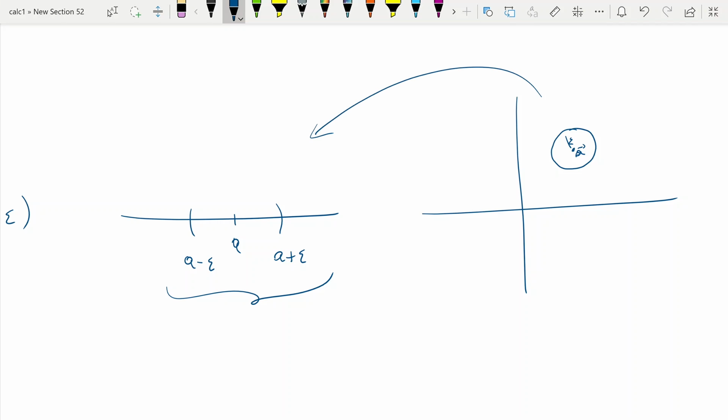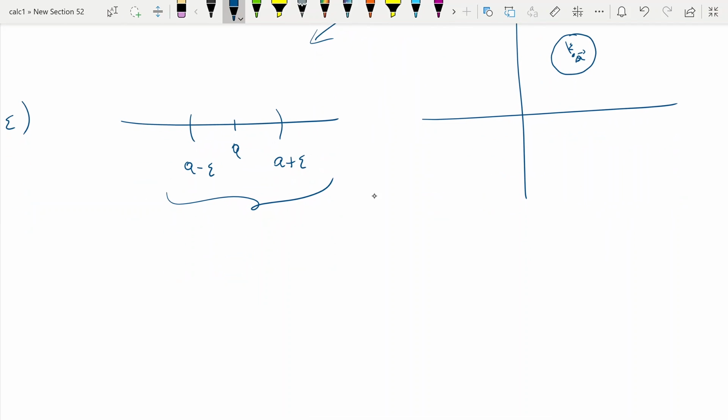That's the correct way of thinking about it: not that this is an interval, but a set of points within a certain distance from the point a, the center. This is the situation in R. Many things in R may be misleading, so that's why I'm telling you how you should think about these things in higher dimensions.